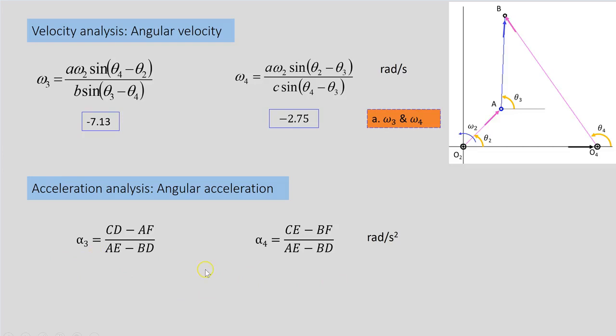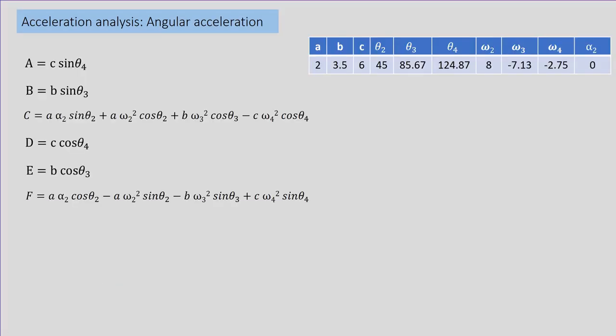Now from this equation you can see you need to find A, B, C, D, E, F. These parameters are also given by these equations. So we have these using this table, and we have these equations. We can easily find the values of A, B, C, D, E, F.